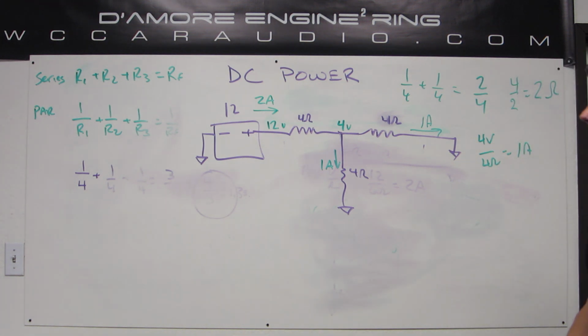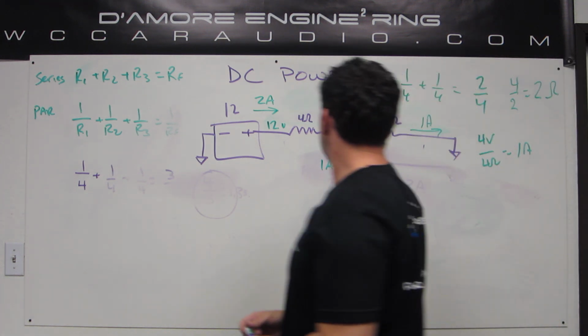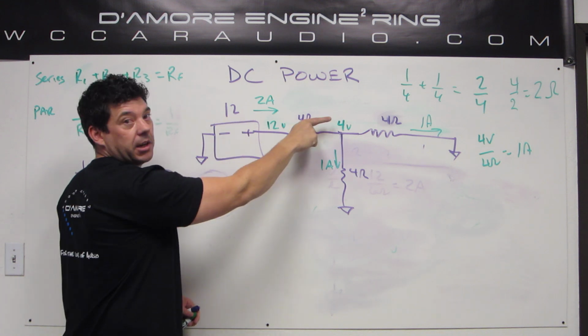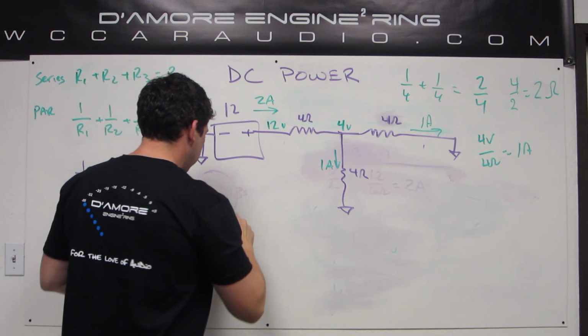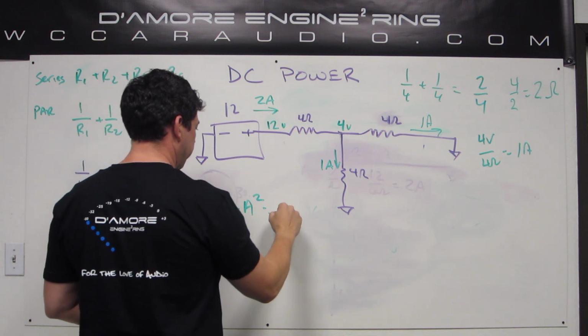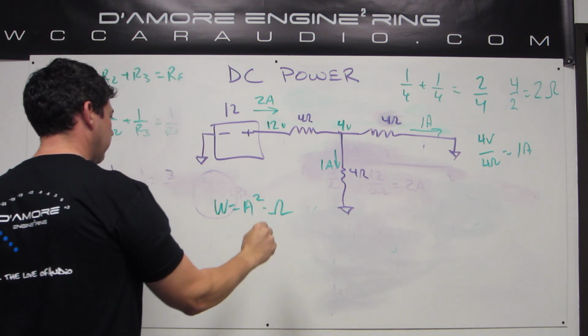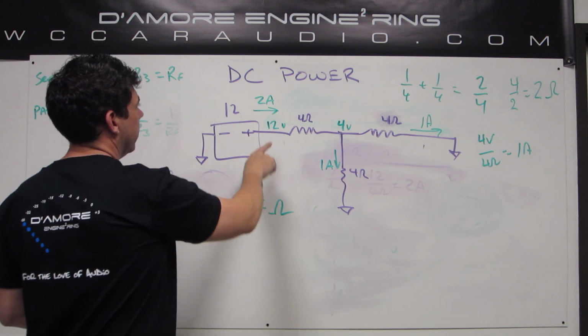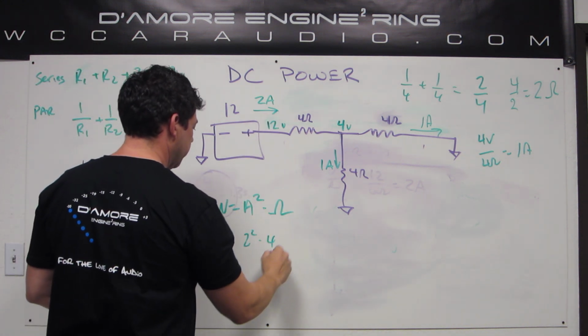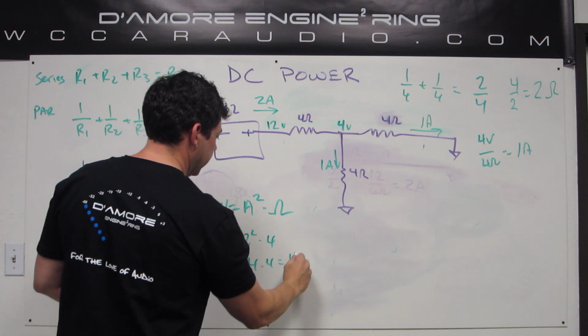So now let's figure out the power of all of these things. This resistor is 4 ohms and it has all 2 amps going through it. Power equals amps squared times ohms. So 2 amps squared times 4 ohms, or 4 times 4, 16 watts.